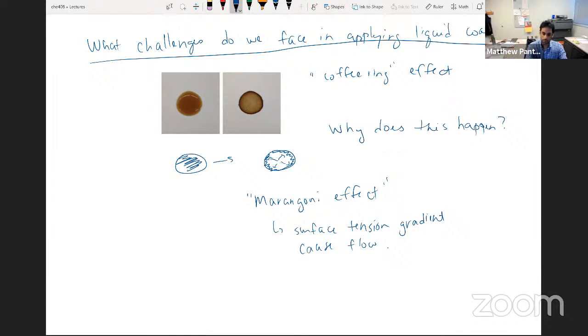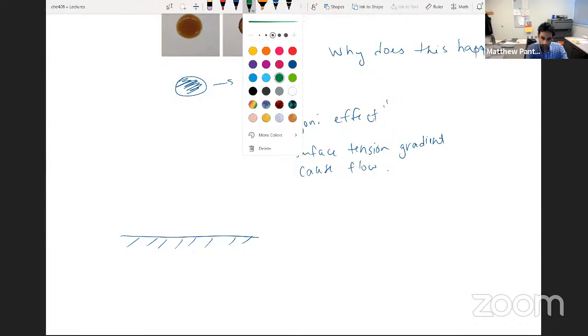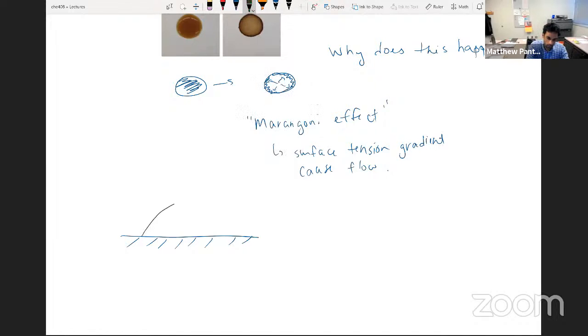In this case, this is a slightly different variation. Let's draw a cross section of this coffee drop. So that's our coffee.